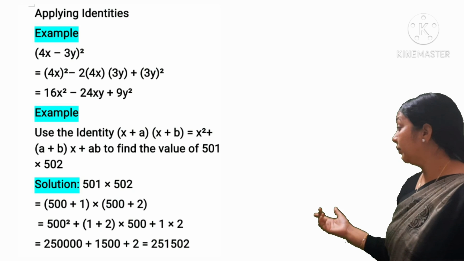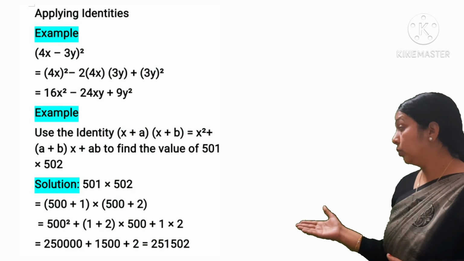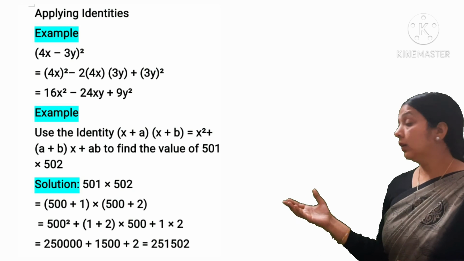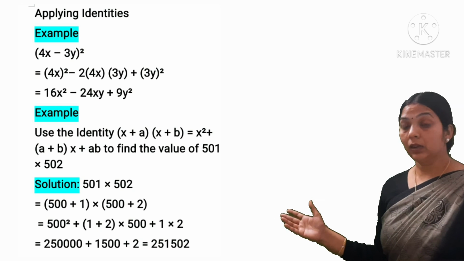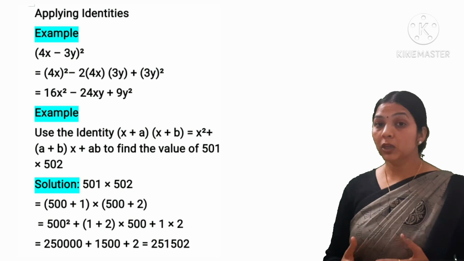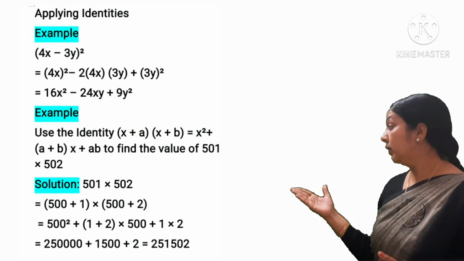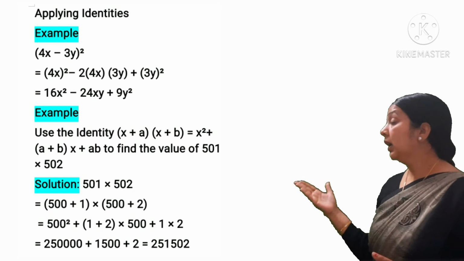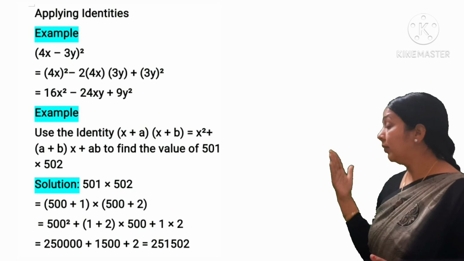Here we are given: multiply 501 and 502. Now, if we go for the general method, we have to multiply both the terms. But by using the algebraic identities, we can solve it in a much easier way. So what will we do? We will write 501 as 500 plus 1 and 502 as 500 plus 2, and we will use the above identity.